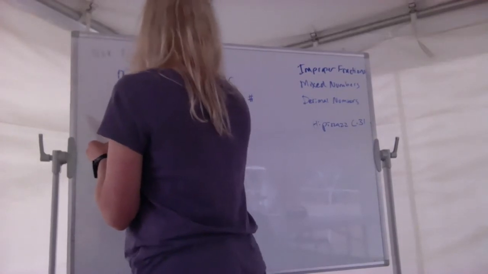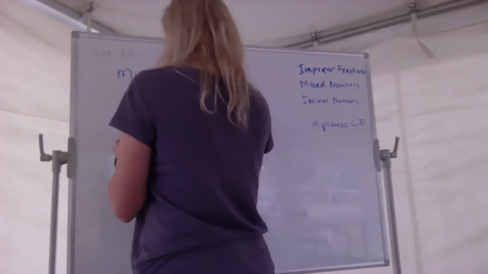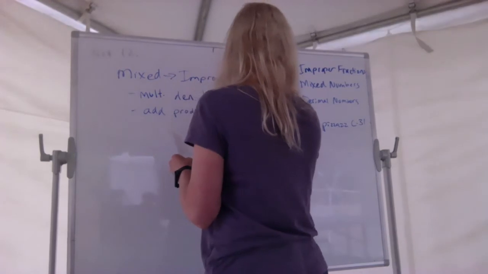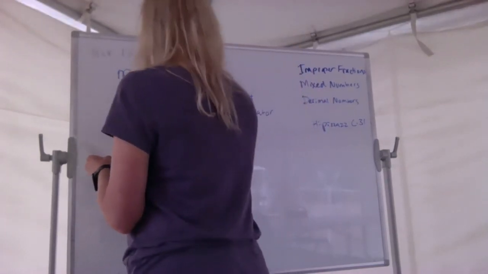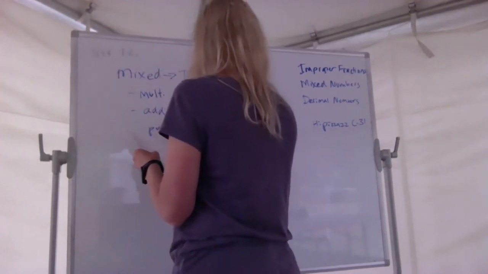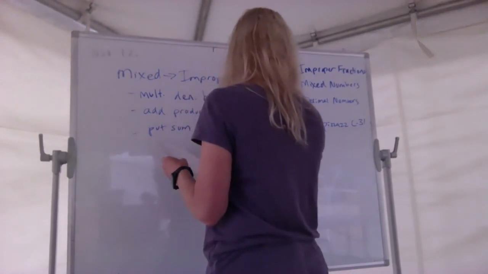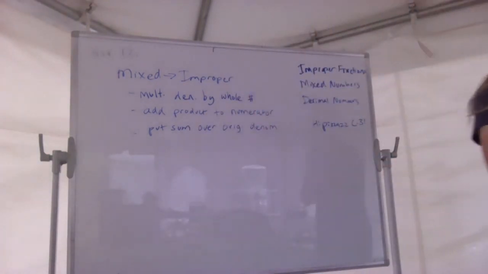Then we're going to add the product to the numerator. We'll go through these steps and do an example problem. And then we're going to put the sum over the original denominator. So I'll have you add that to your notes. I know it's kind of a lot, but then we'll practice.